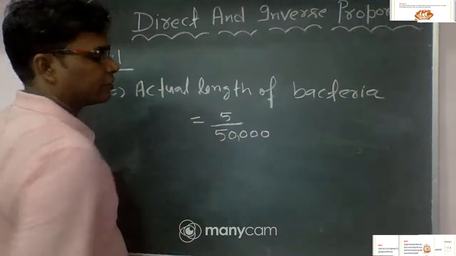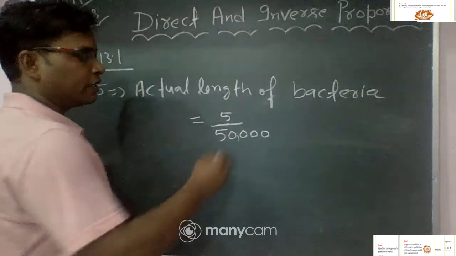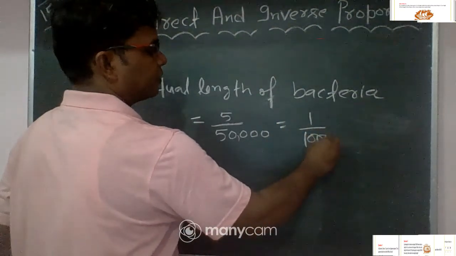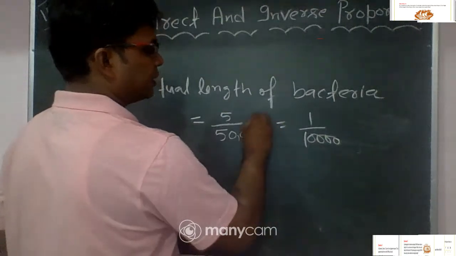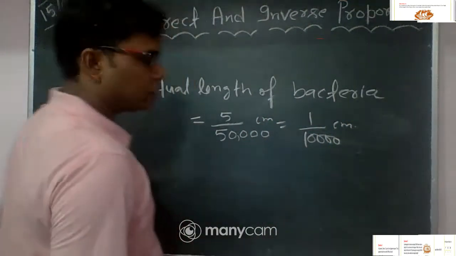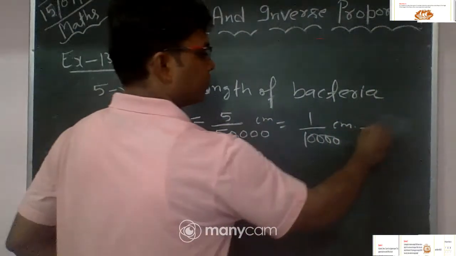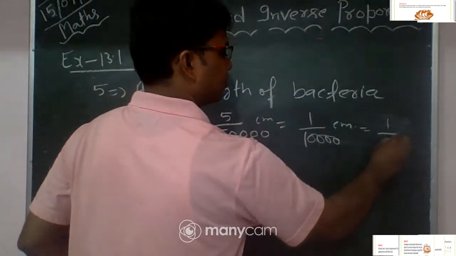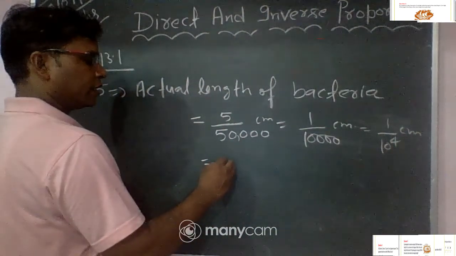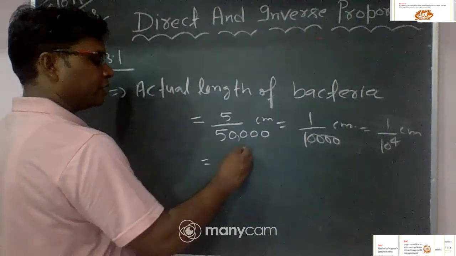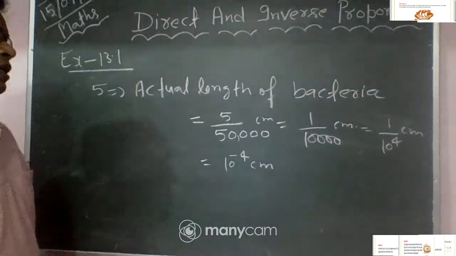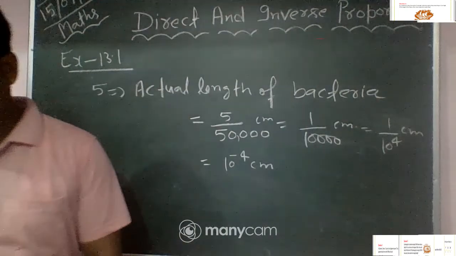Okay, clear? If you cancel it, we obtain 1 by 10,000 in centimeters. Okay, clear? So you can write it as 1 by 10 power 4 centimeter, or you can write it as 10 power minus 4 centimeter, the actual length of the bacteria. Clear?